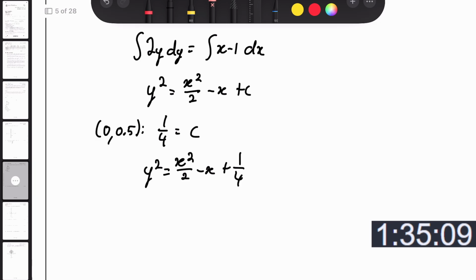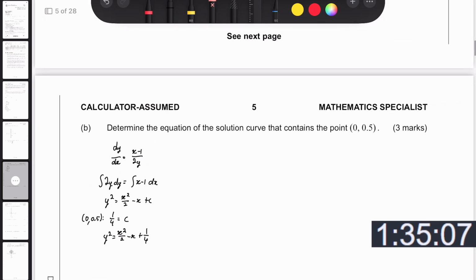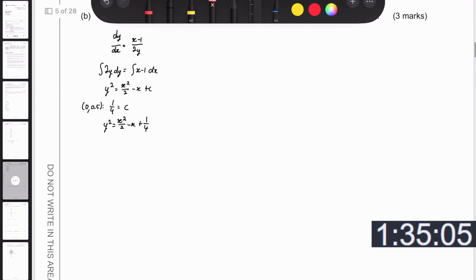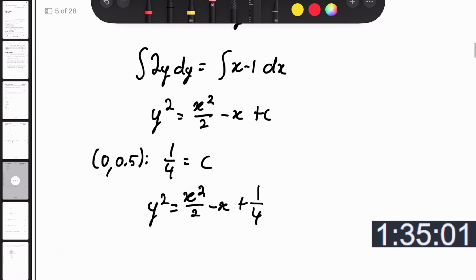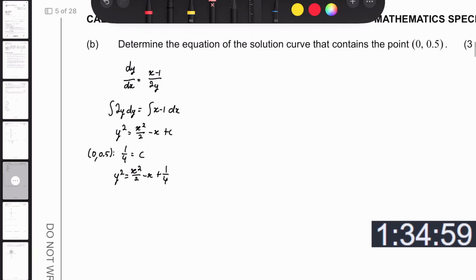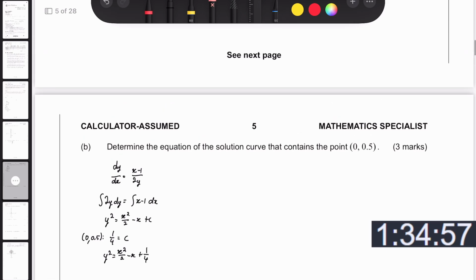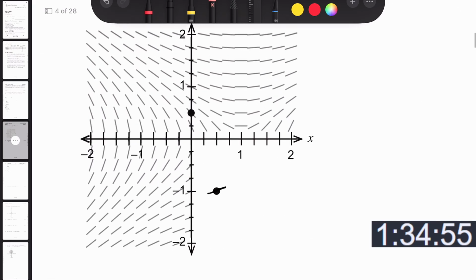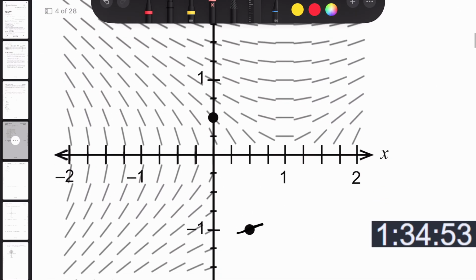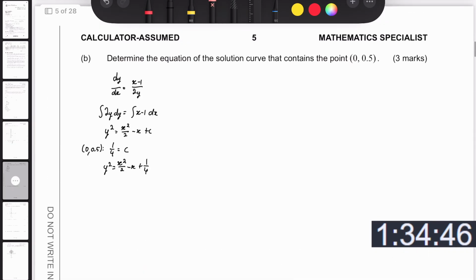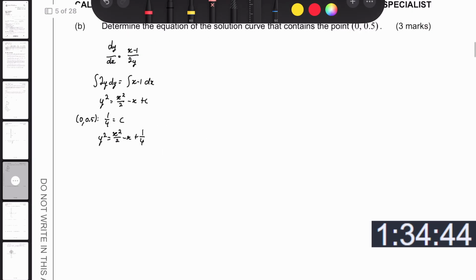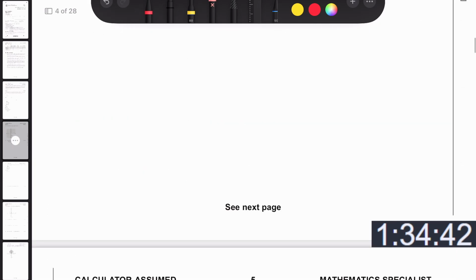So let's see, y squared, x squared minus x, the point (0, 0.5). When does y squared equal 0?